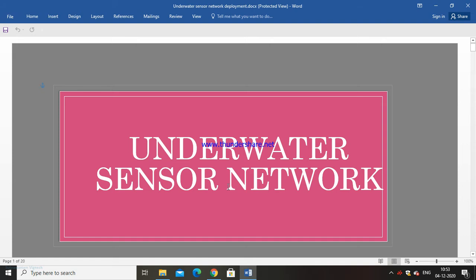Gateway nodes relay the data to the nearest coastal monitoring and control station, also called a remote station. The communication between underwater and coastal is called underwater communication. Now we will move on to underwater sensor network deployment.